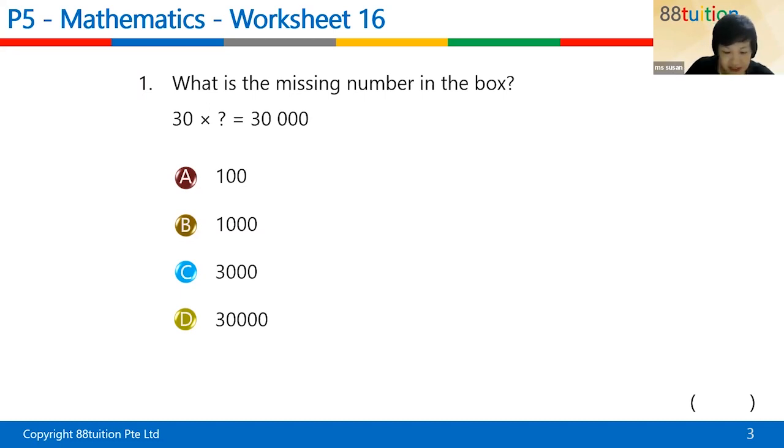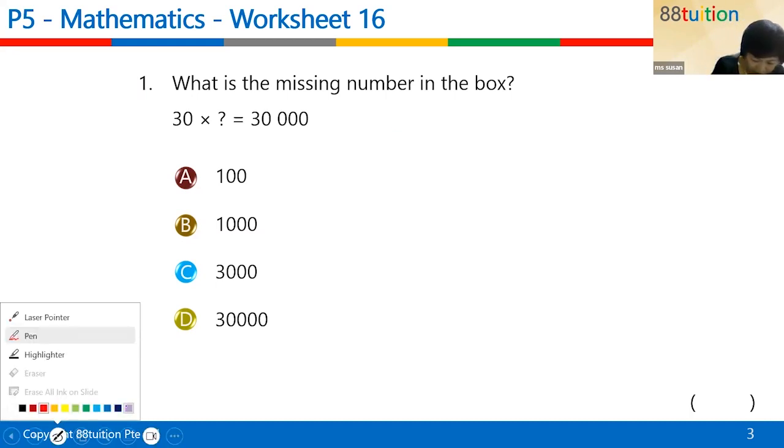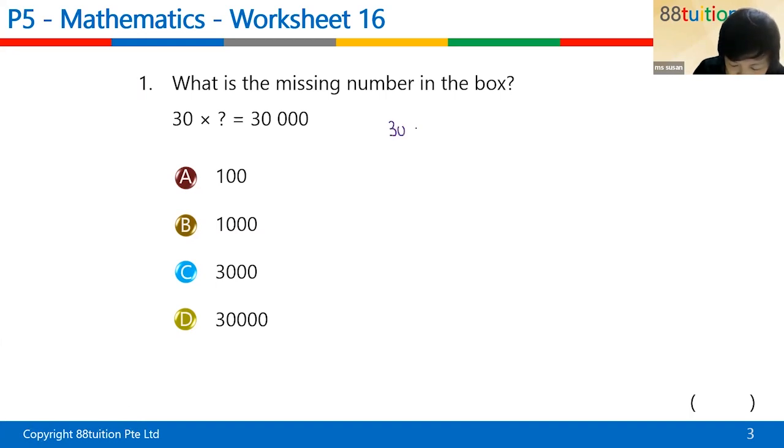What is the missing number in the box? To find that, what you need to do is to divide. 30,000 divided by 30. You can cancel away the 0. You are left with 1 and 3 zeros behind.